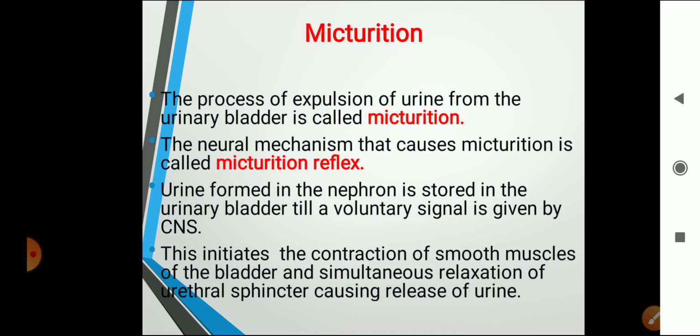So there is a valve at the urethra, and that is called the urethral sphincter. When the reflex is sent by the CNS, the smooth muscles contract, and hence the urethral sphincter relaxes, thereby releasing the urine. So this is how the process of expulsion of urine takes place.